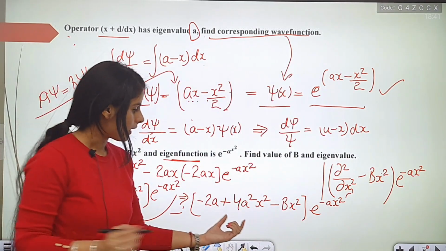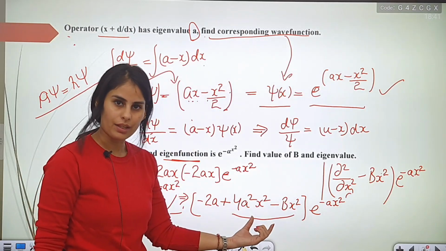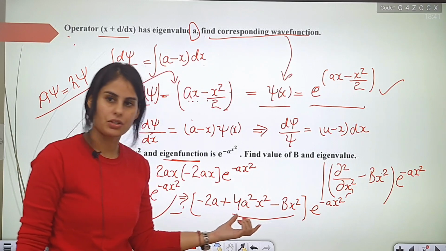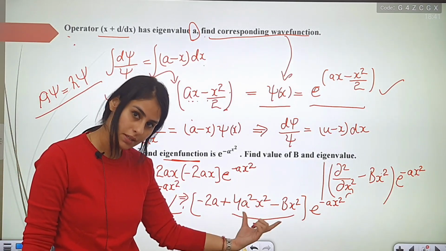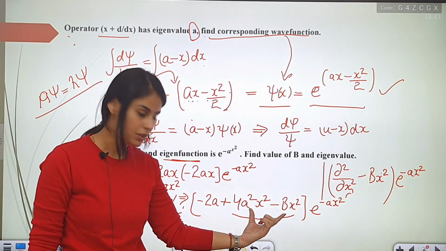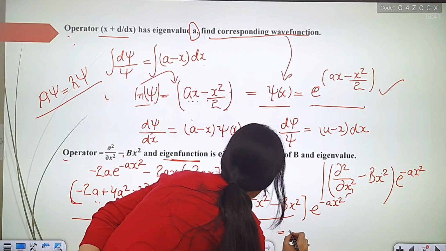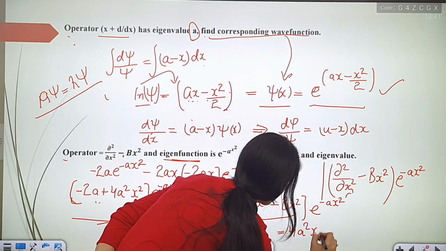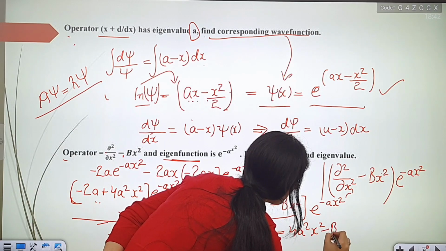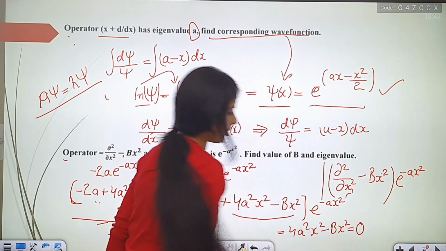Again here, as we know that an eigenvalue of a function cannot depend upon x, that means this part must be equated to 0. So what we get now is 4a square x square minus bx square is equal to 0.